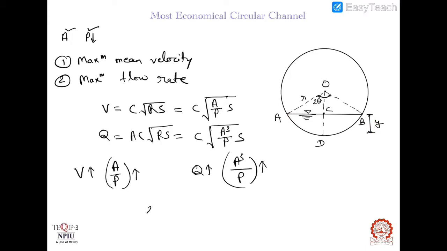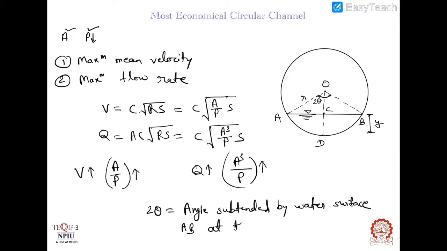This 2 theta, angle AOB, is the angle subtended by the water surface AB at the center of the circle. 2 theta is the angle subtended by water surface AB at the center.